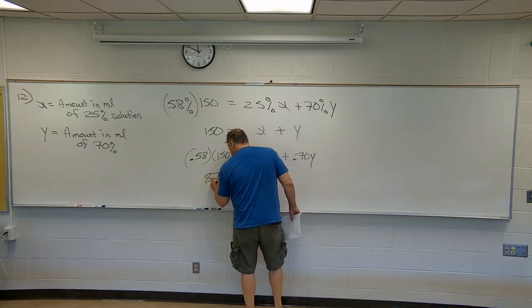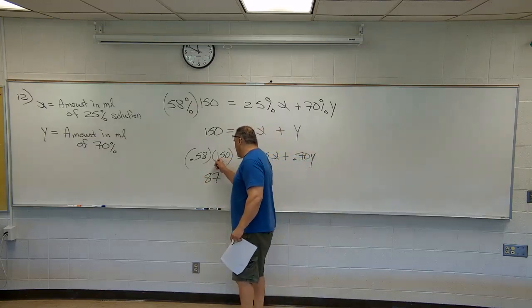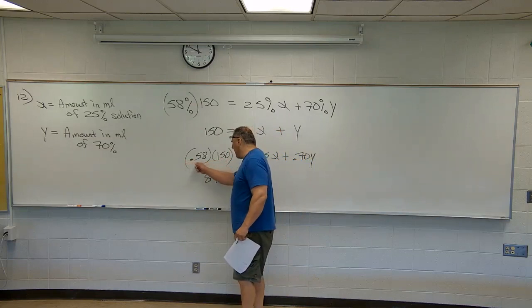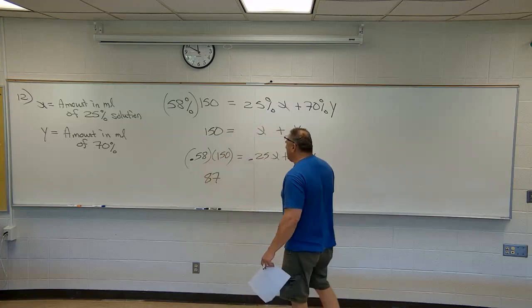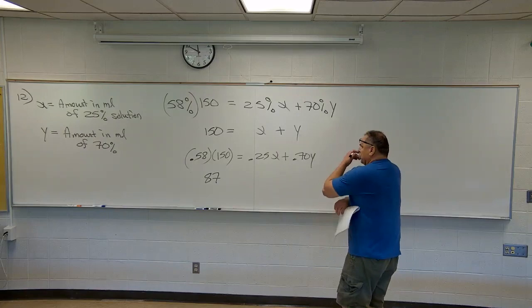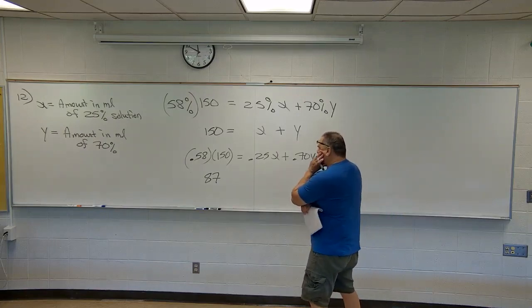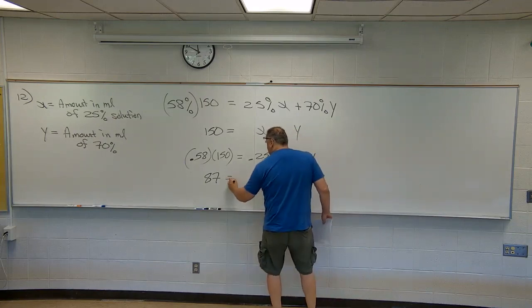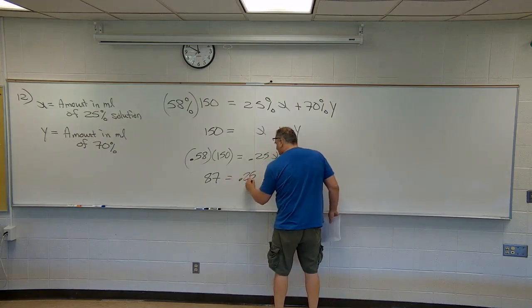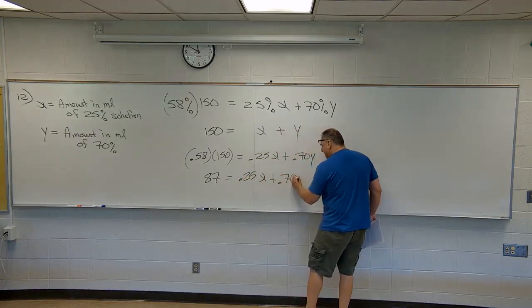The trick is to move this decimal place over 2 places, making it 100 bigger, and then make this 100 smaller, so it becomes 1.5 times 58, which is 29 plus 58. Sure, I think it's 87. Not a problem there. So we've got this, and we've got that.